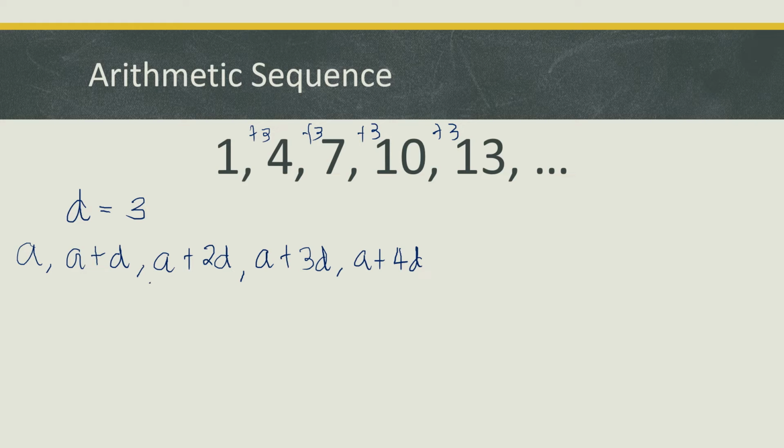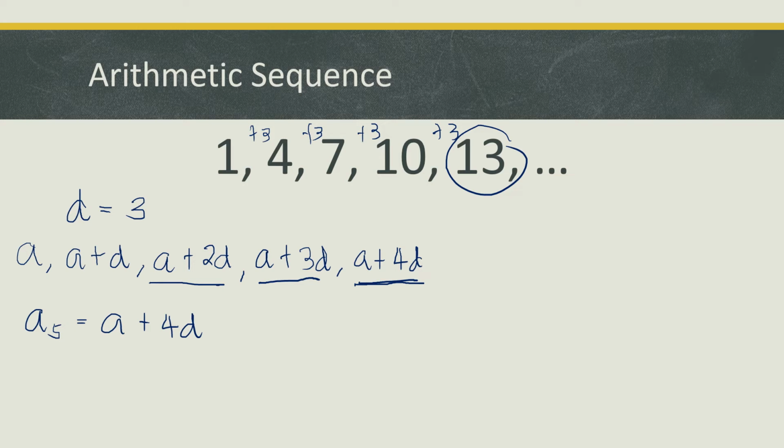This is now where the formula came from. So we can now have our formula. Let's say the fifth term: our fifth term is a plus 4 times the common difference. Okay?